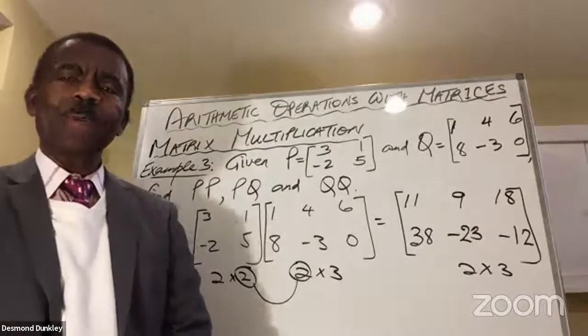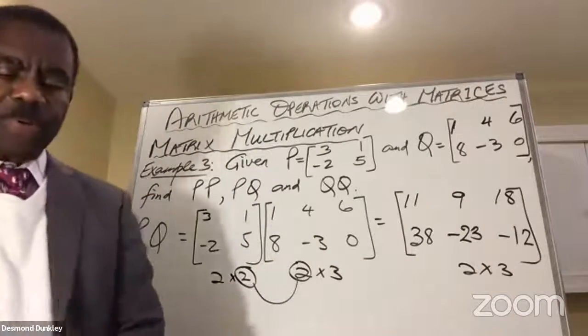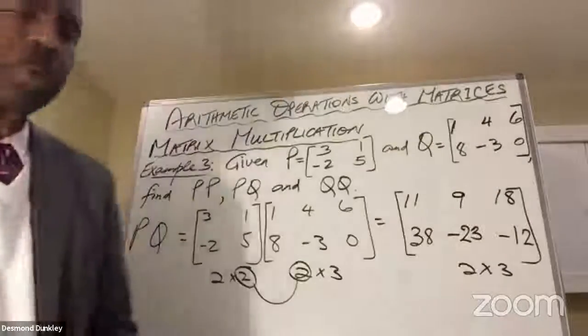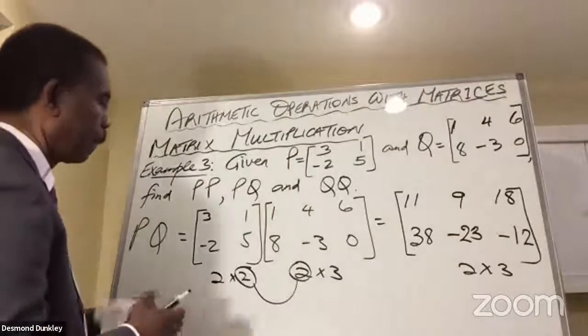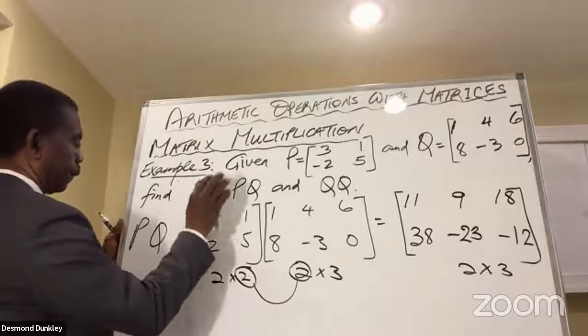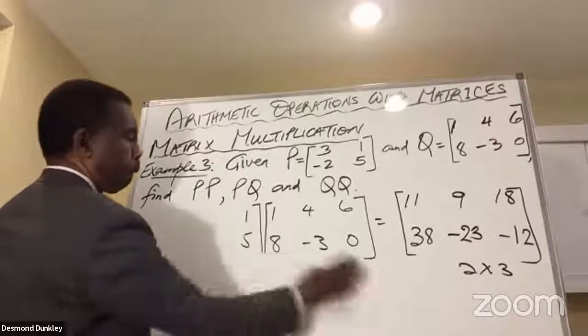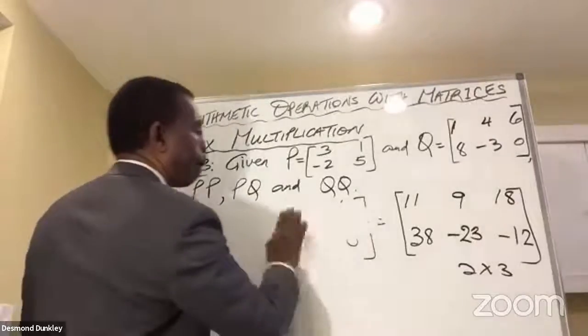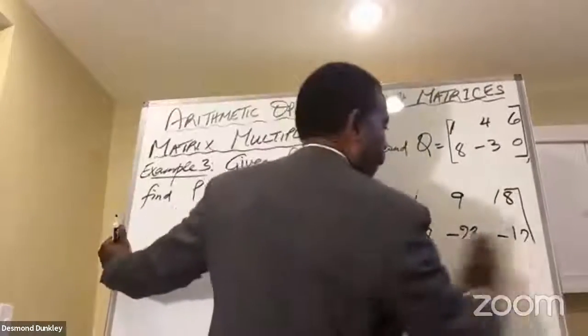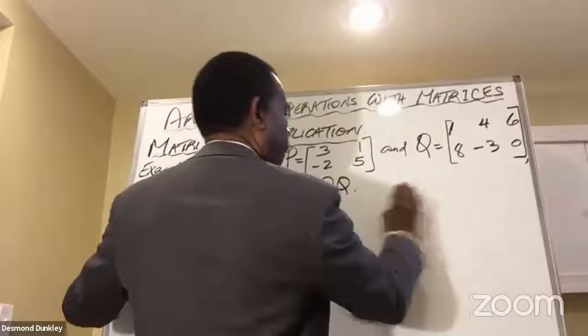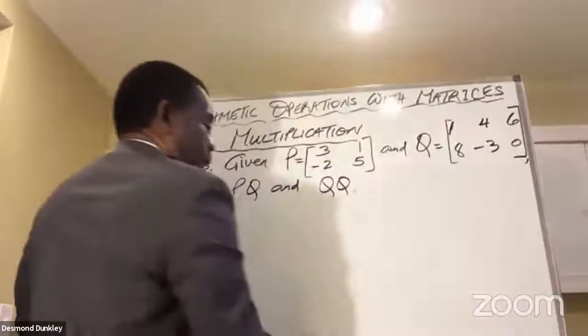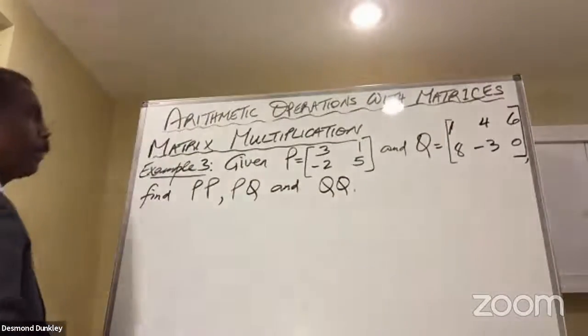So now we're ready to go for the third example, Q times Q. Okay, here we go.